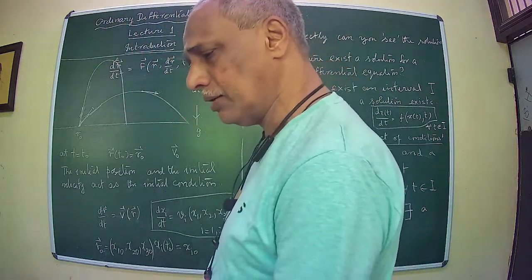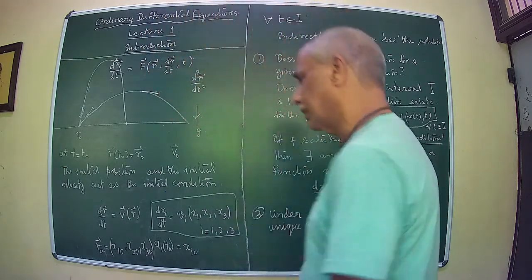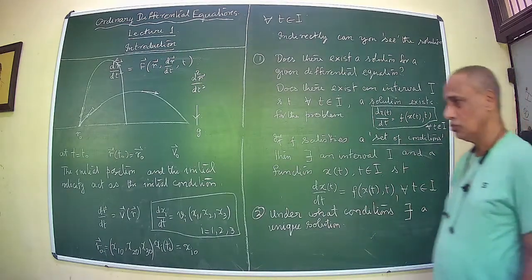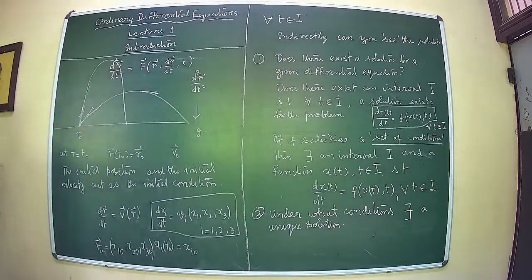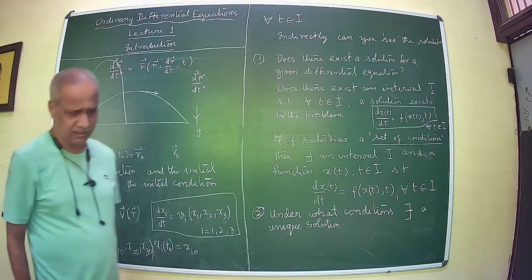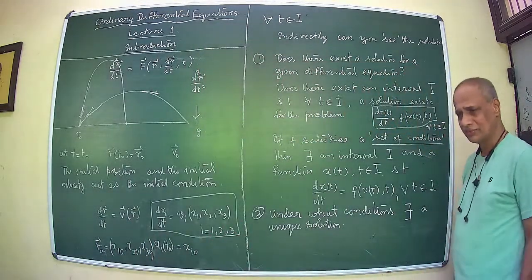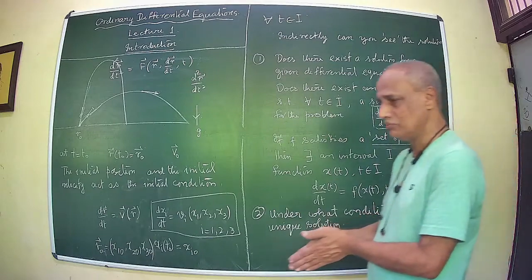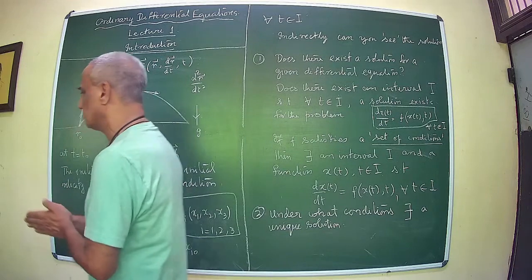For example, if you want to launch a satellite, then what will happen? You will be fixing the initial velocity, you will be fixing the initial launch parameters, and they are all approximate to what you really achieve. What you assure is that the error that is involved in fixing the initial conditions is small.